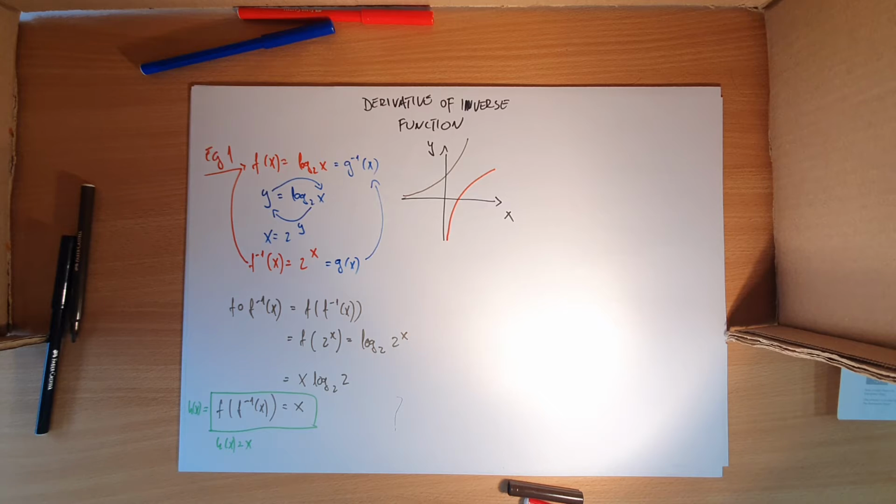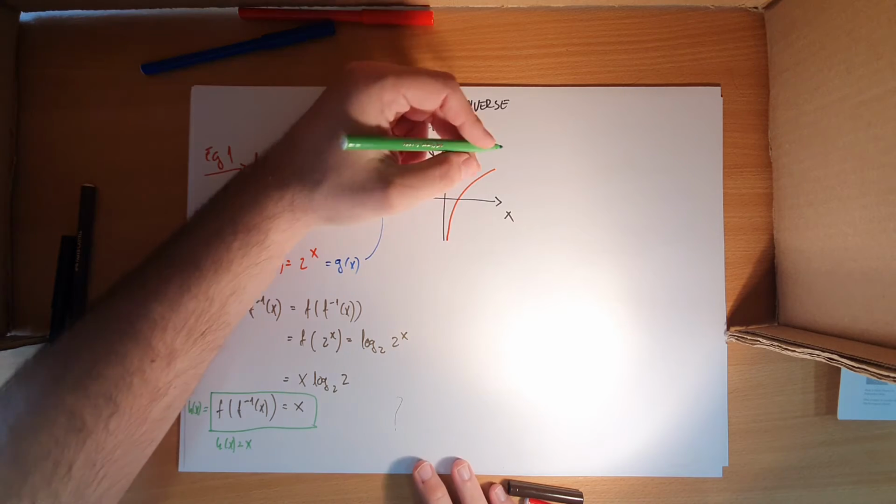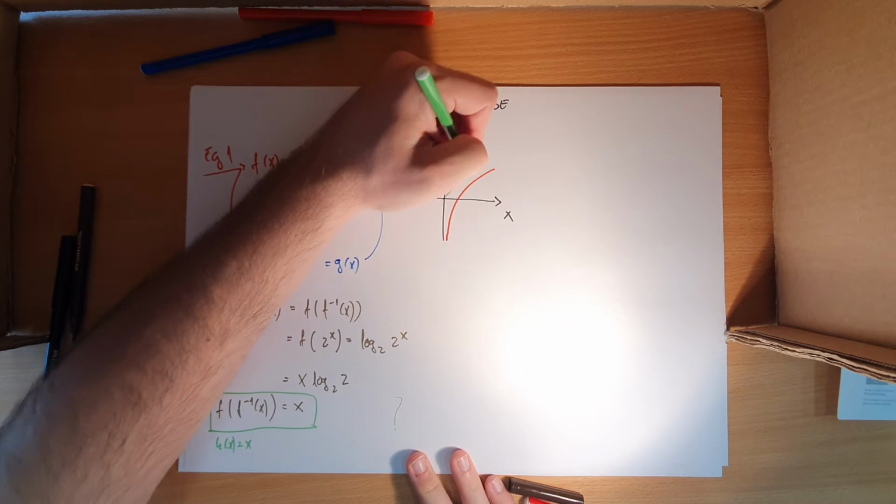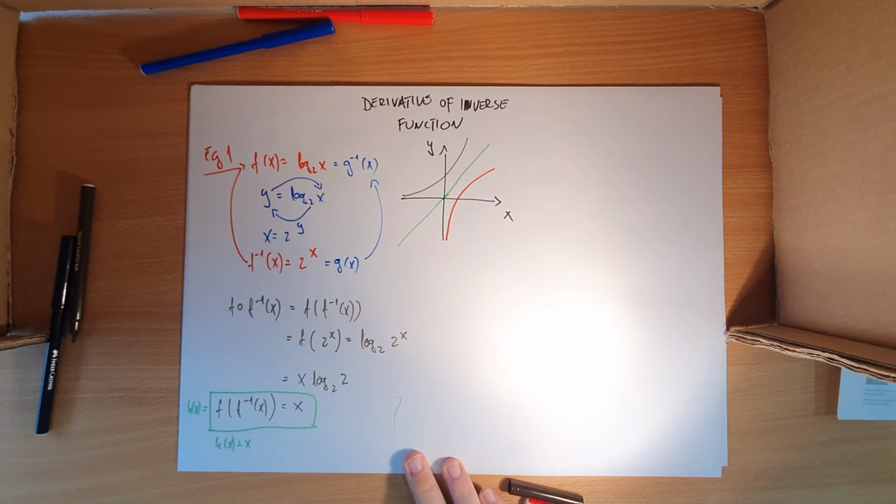The composite is basically h of x equals x, which means this is the linear function, which means that the graph is a line, not any line, but a line that goes through the center of the coordinate system and looks something like this.